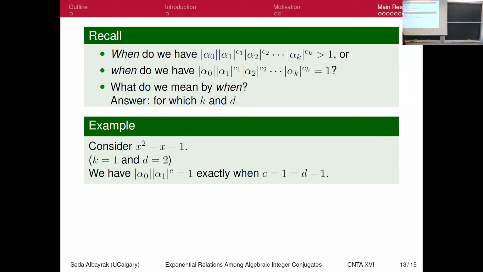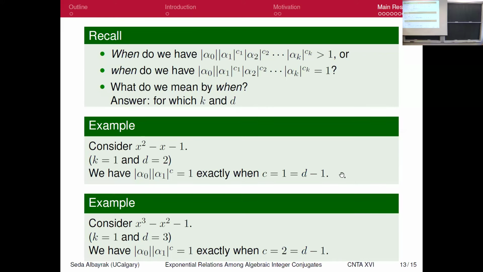Okay, so we have this example, so let's reuse it. We know the roots. d is here again 2 and k is equal to 1. We already pointed out that we have greater than or equal to 1 all the time anyway. But in fact, with k equals 1, we have equality with 1 on the right-hand side exactly when c is equal to 1. You can actually solve this because we know the roots. And this 1 is d minus 1, and it's not a coincidence.